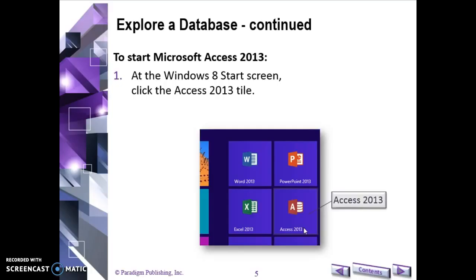So just do File Explorer, something like that, or the magnifying glass, either one. If you go to File Explorer or the magnifying glass, just type in the word Access, and you can find it that way too. So if it's not one of your tiles, you can still get to it. Don't panic if you can't find it, just search for it.